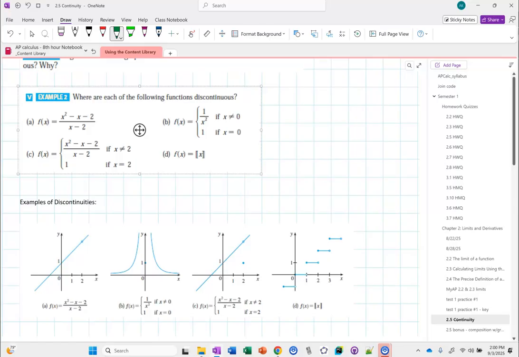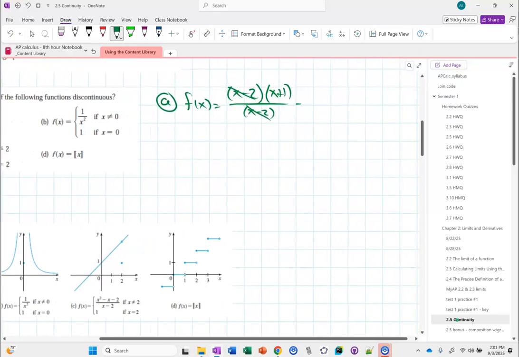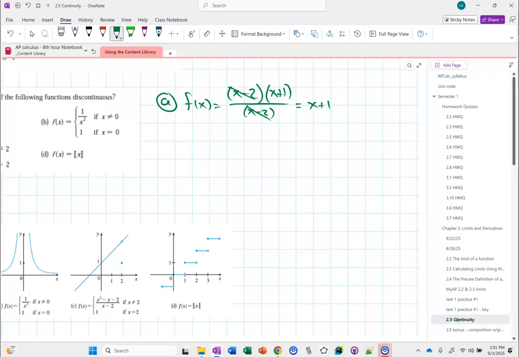Hopefully you recognize that the numerator is factorable. So you can say that, right? Is that correct, what I've written?